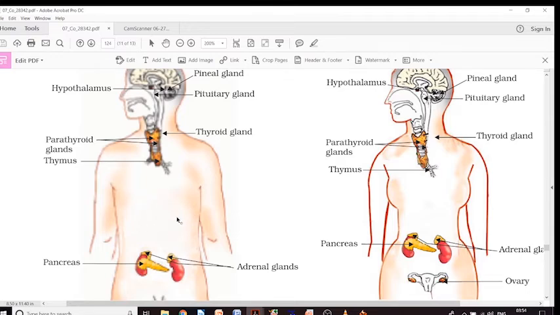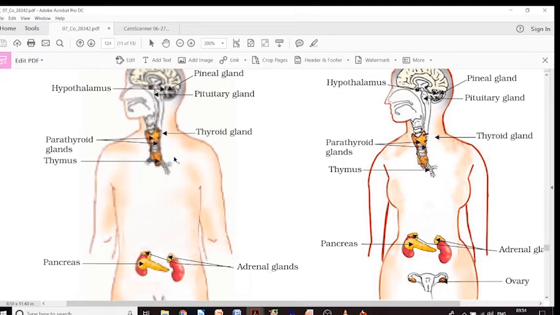And how to control that diabetes? You have to give the person injections of insulin, so that the insulin again decreases the blood glucose. That is why it is so important that your endocrine glands work perfectly, otherwise we will have various diseases.